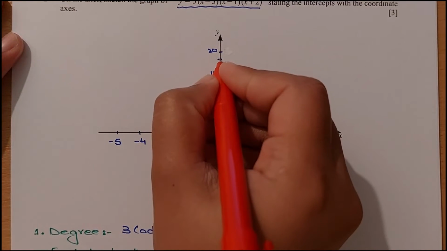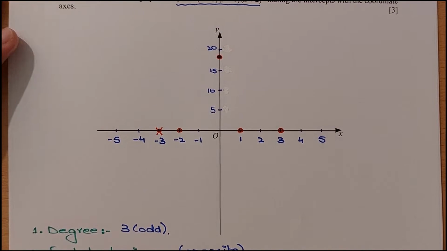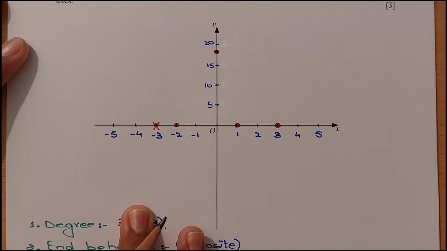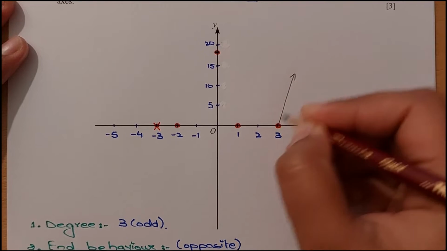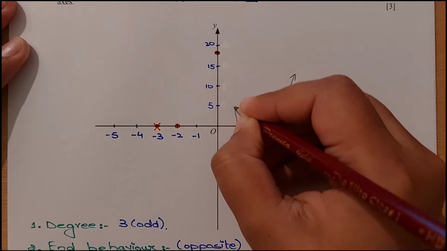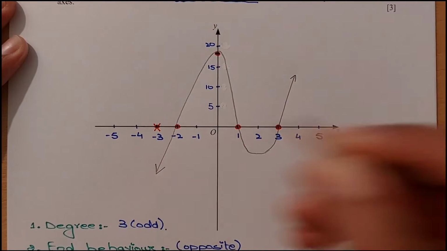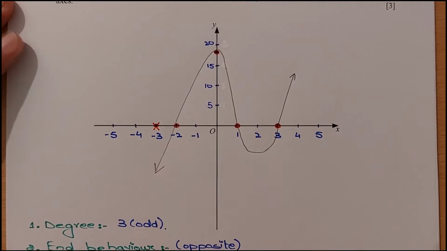That is my y-intercept. Okay, and we also know that the graph extends from the first to the third quadrant, right? This is the first and this is the third quadrant. So let me draw the graph that passes through the x-intercepts and the y-intercept. So as you can see, the graph passes through all three x-intercepts and the y-intercept.